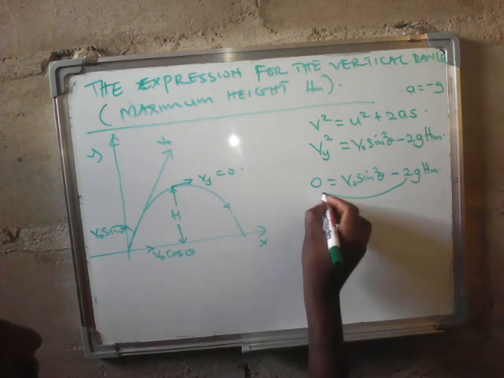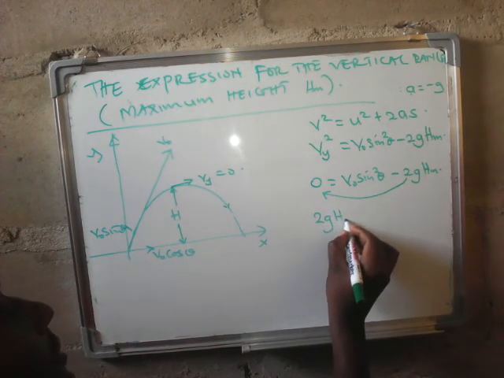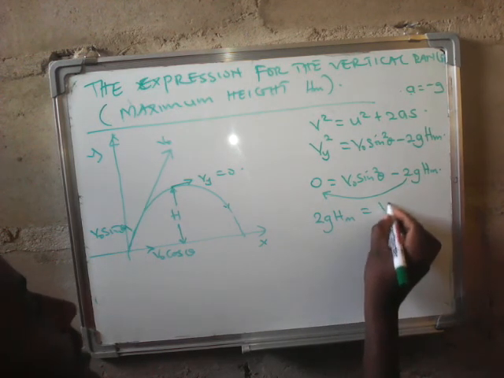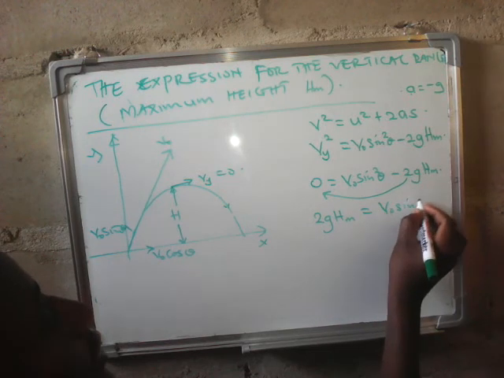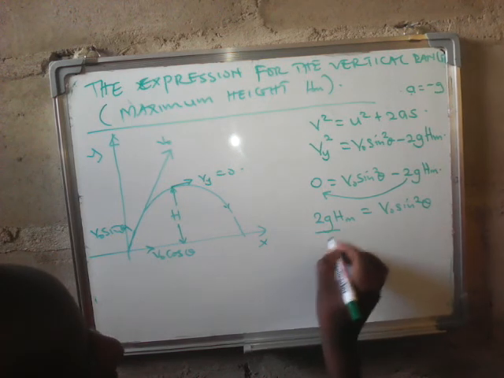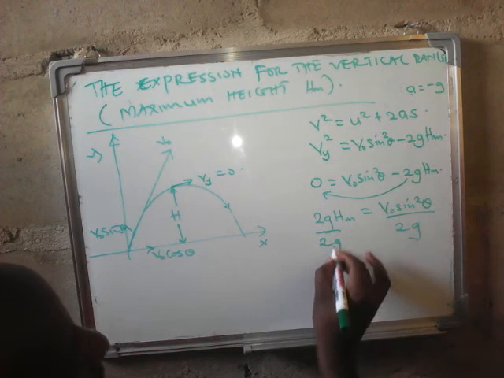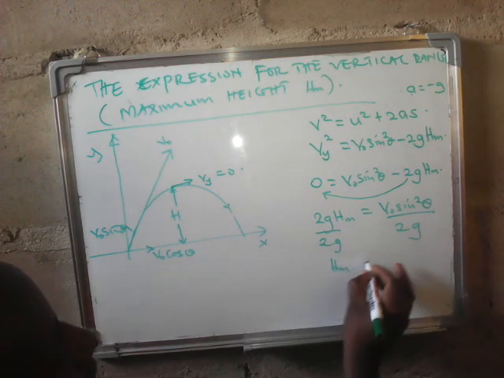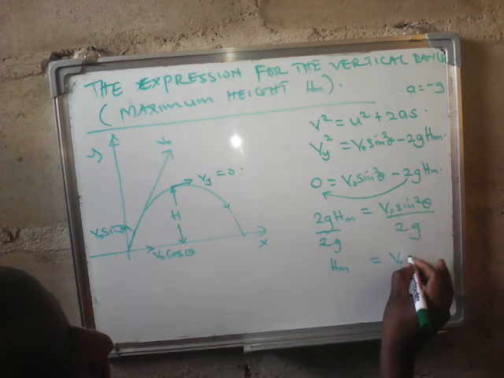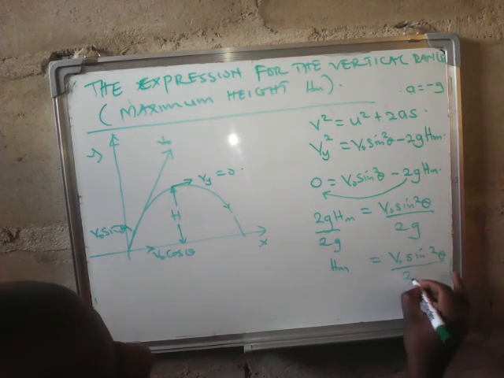So take this one to this side, then we obtain 2g H max is equal to v naught squared sine squared theta. Make H max the subject, divide by 2g, meaning that our H max is equal to v naught squared sine squared theta, divided by 2g.